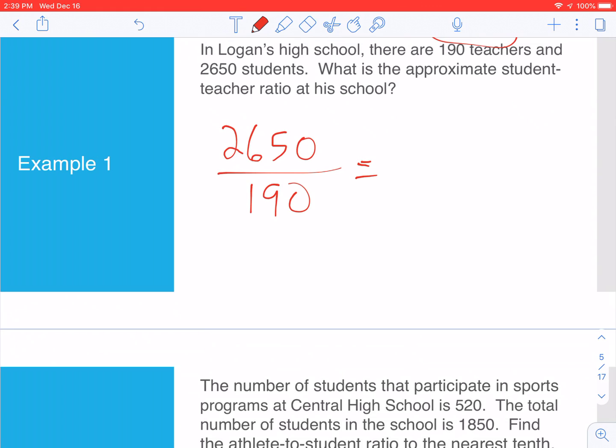What we're going to do is take 2650 divided by 190. It's approximately 14 to 1. If you put it in your calculator, it's like 13.94. So we just say it's about a 14 to 1 ratio. A lot of times you'll see it written like this.